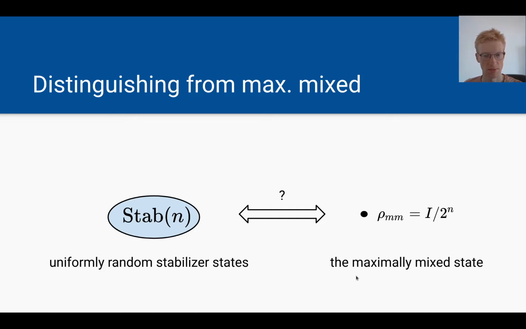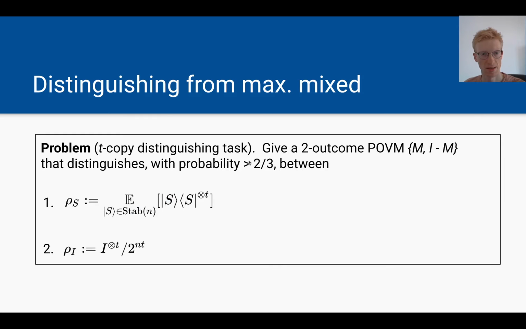And we can easily show that if you can prove a lower bound for the simpler distinguishing task, then this lower bound also immediately translates to a lower bound on stabilizer testing.